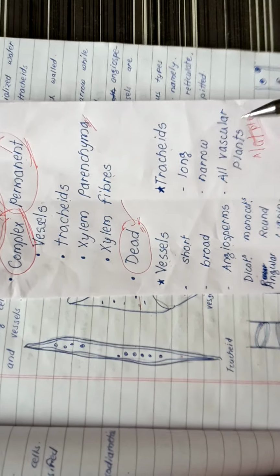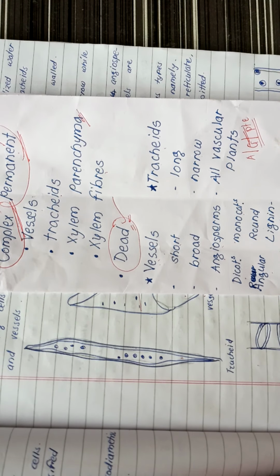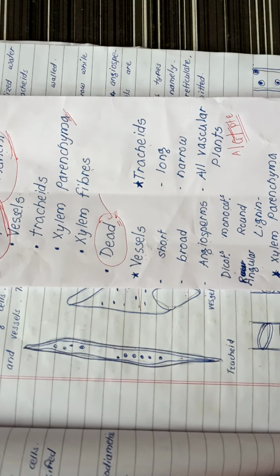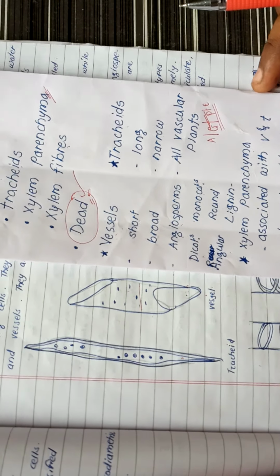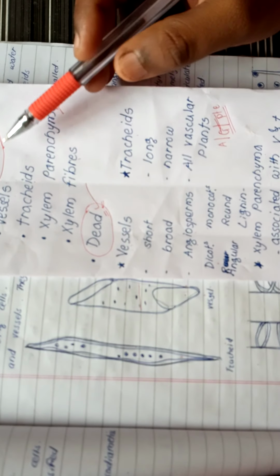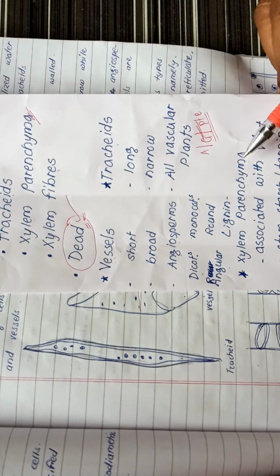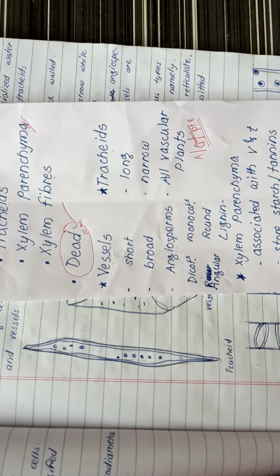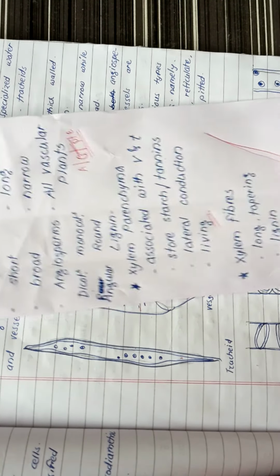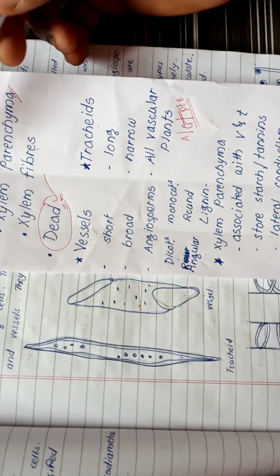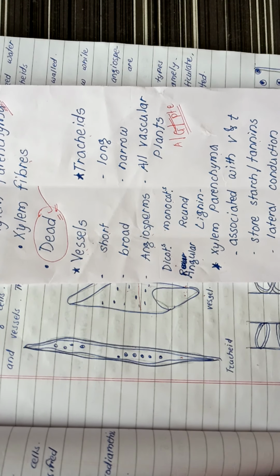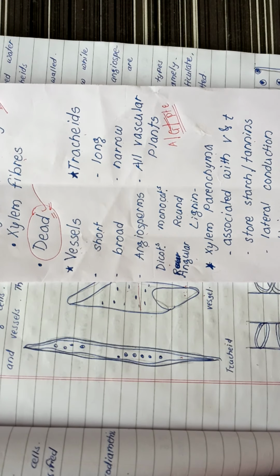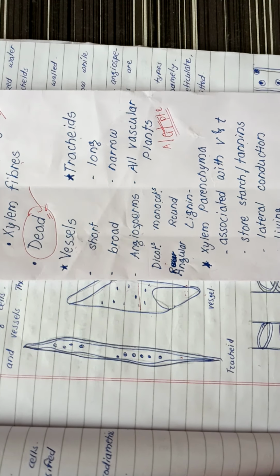You study the vessels and tracheids comparatively. Function of vessels and tracheids is conduction of water. Function of xylem parenchyma is storage, and function of xylem fiber is to give mechanical support. Therefore, the main function of xylem is conduction of water. Besides that, it gives mechanical support to the plant.